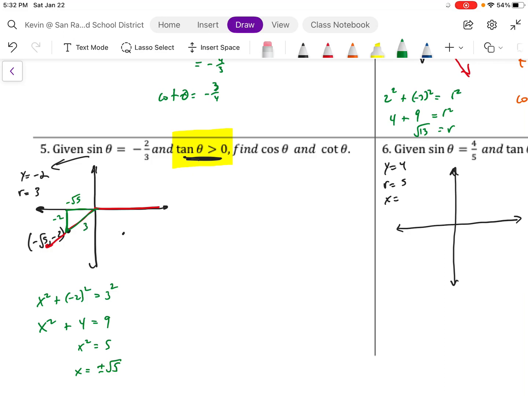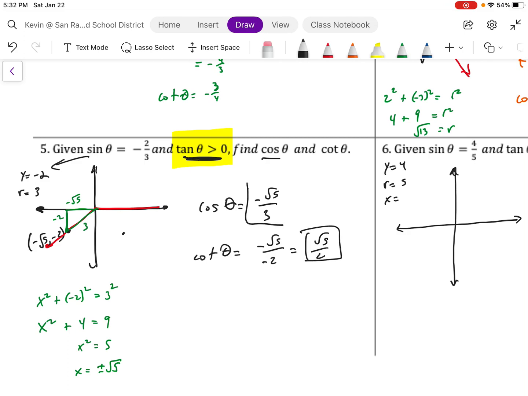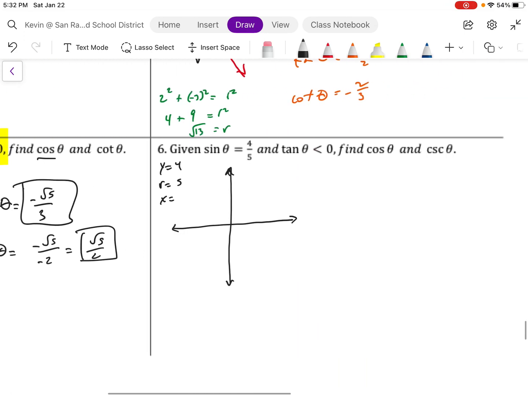And we know that our radius is 3. So we use that to build all of our ratios. Cosine theta equals adjacent, negative root 5, over the hypotenuse of 3. And then cotangent theta is going to be the adjacent, negative root 5, over the opposite, negative 2. So this is root 5 over 2, positive.